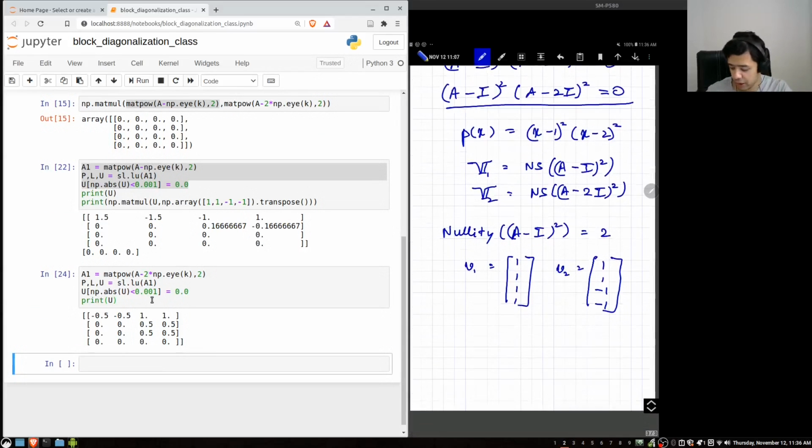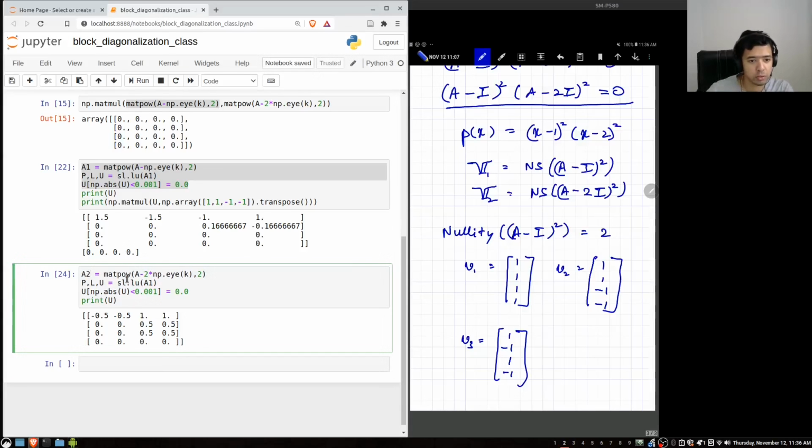I want to guess a particular vector in the null space. How about 1 minus 1 1 minus 1? Yes, so this vector indeed satisfies U times v3 equal to 0, and therefore A1, sorry, let's call this A2.